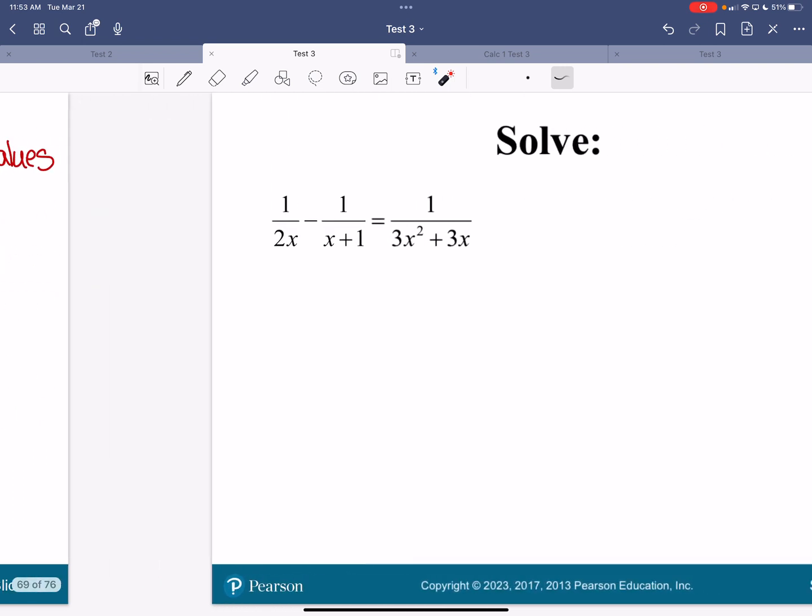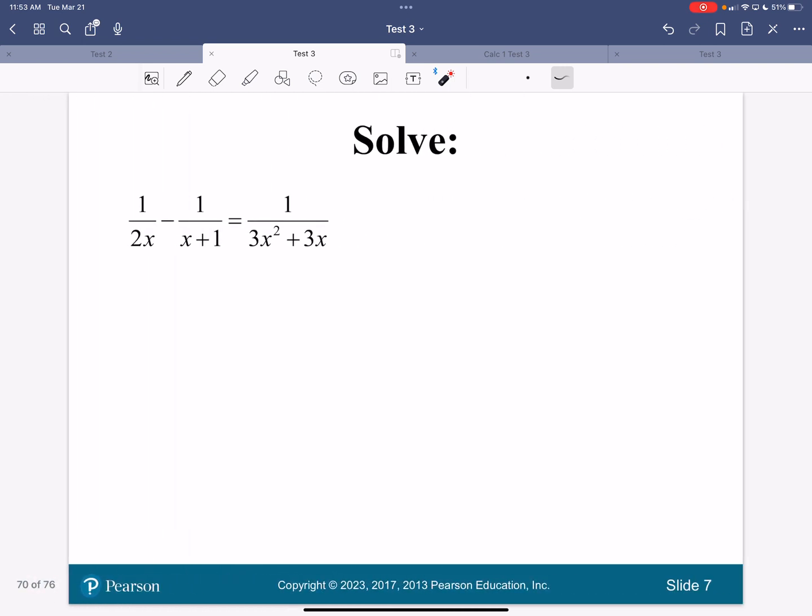Okay, now for our next one, we've got a whole bunch of stuff going on in this one. When you don't know where to start, it's always a good idea to factor, because breaking things down helps us to see what we need to do next. Now, our first one, I've got a 2x right there, so I can't really factor that.